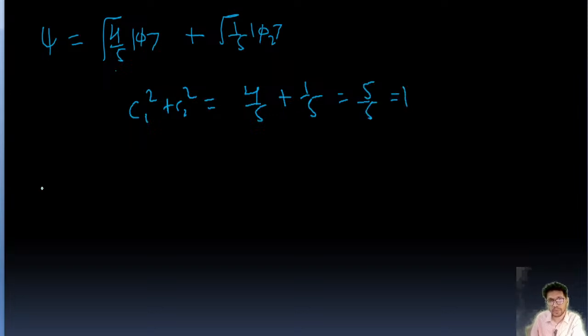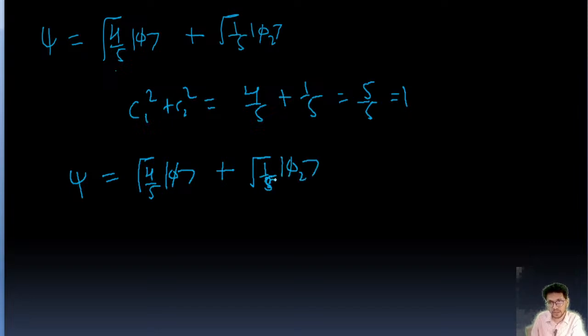So this is a normalized wave function. If it is not a normalized function, we will normalize it. The normalized wave function is root 4 upon 5 phi 1 plus 1 upon root 5 phi 2. Very simple, right? Now we can easily find the energy.